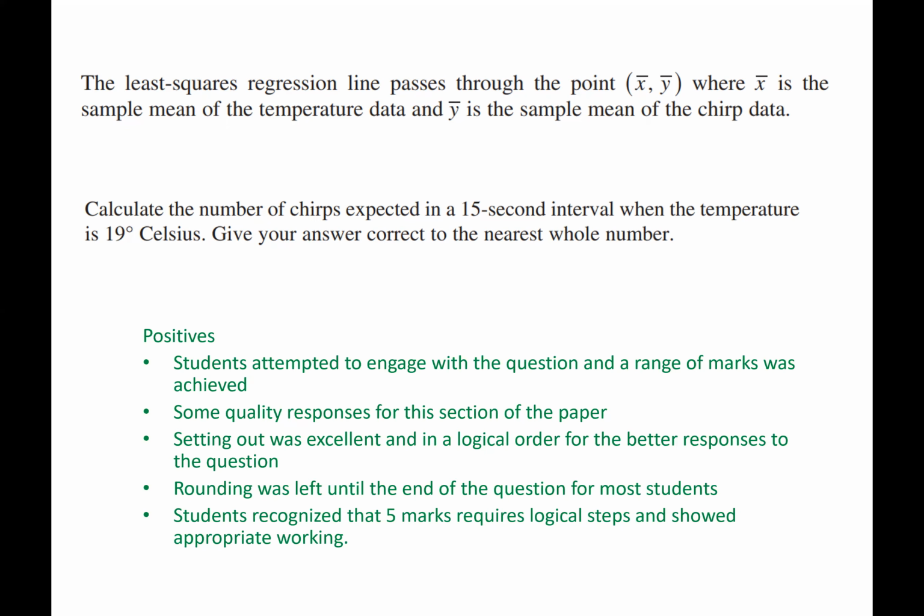It was in an order that made sense. They thought about the question, picked out a few key facts, wrote down 2 or 3 key numbers and what they meant, and then started using the formula, etc., in the question. So the logical setting out obviously leads to better marks, and this was a classic example of that.